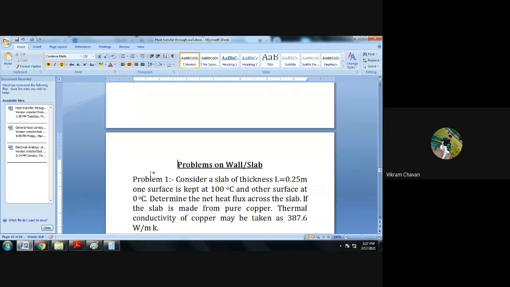Consider a slab of thickness L is equal to 0.25 meter.